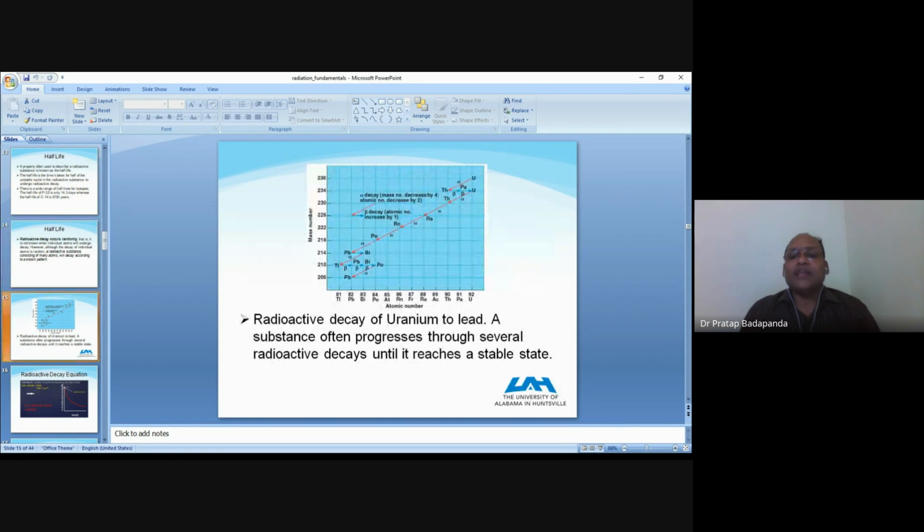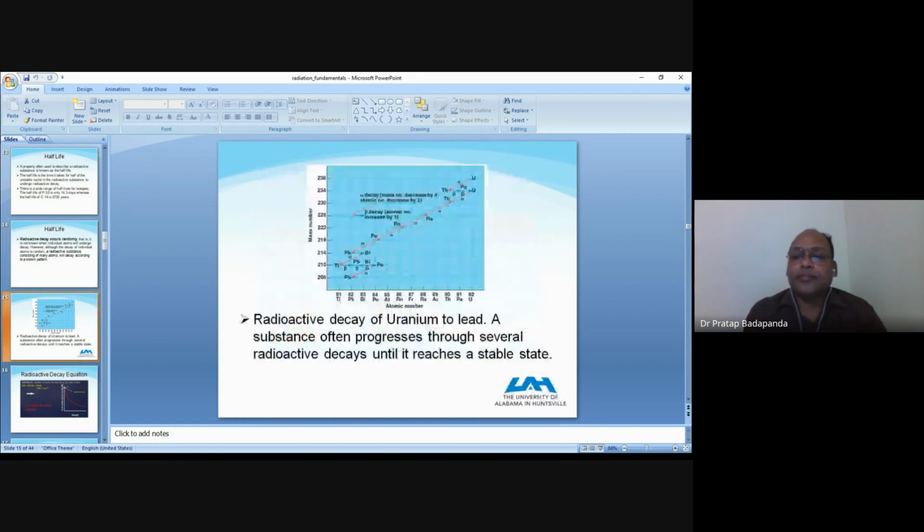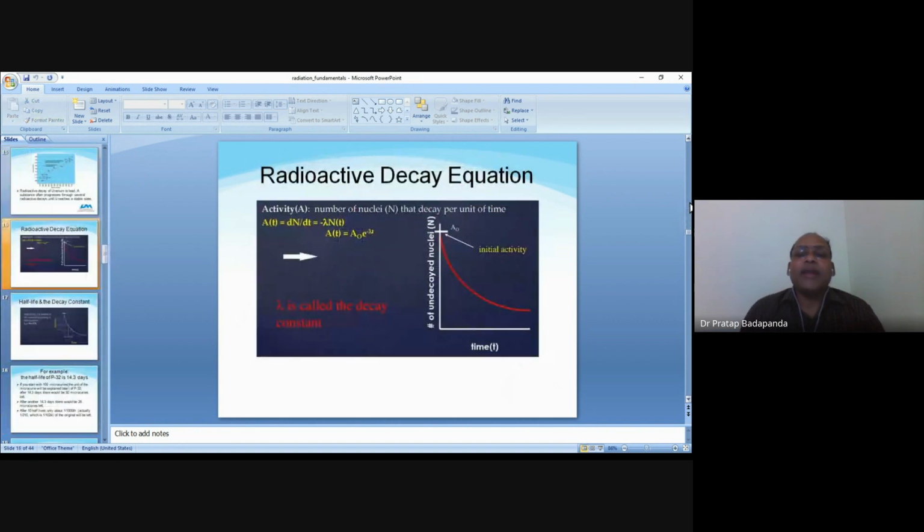Okay. Now, the radioactive decay equation is important. Activity A, the radioactivity, is the number of nuclei N that decay per unit of time.